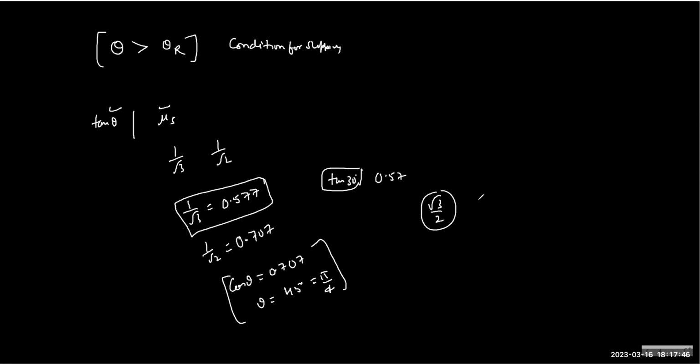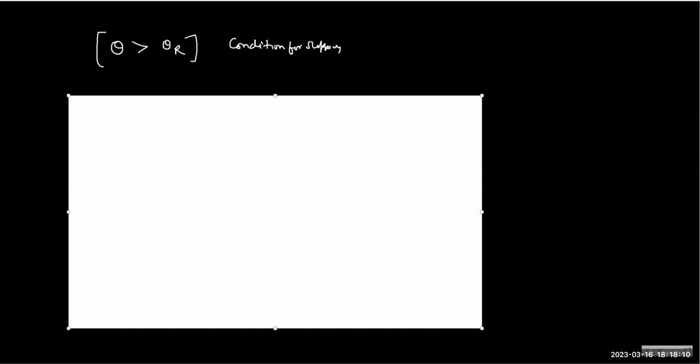Yes, sir. I hope you got the idea what you are supposed to remember and practice. So just keep this handy. It should be part of your memory so that you can quickly jump to the angle without much effort. Anyway.